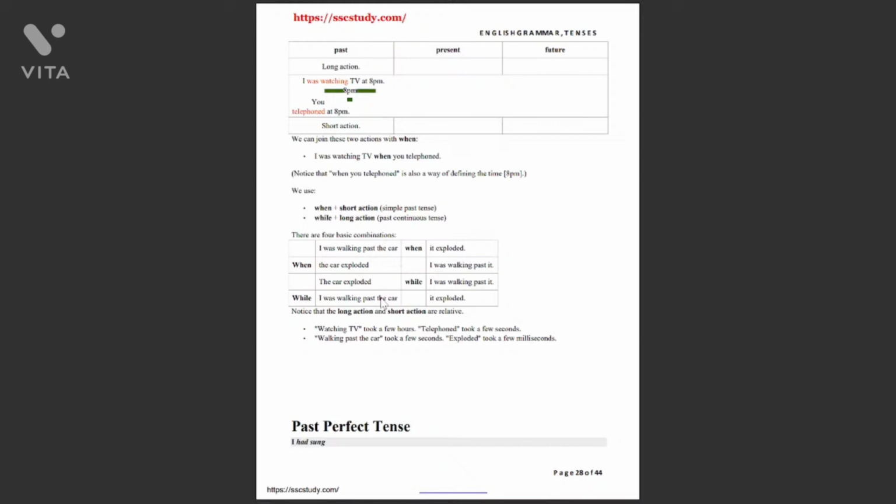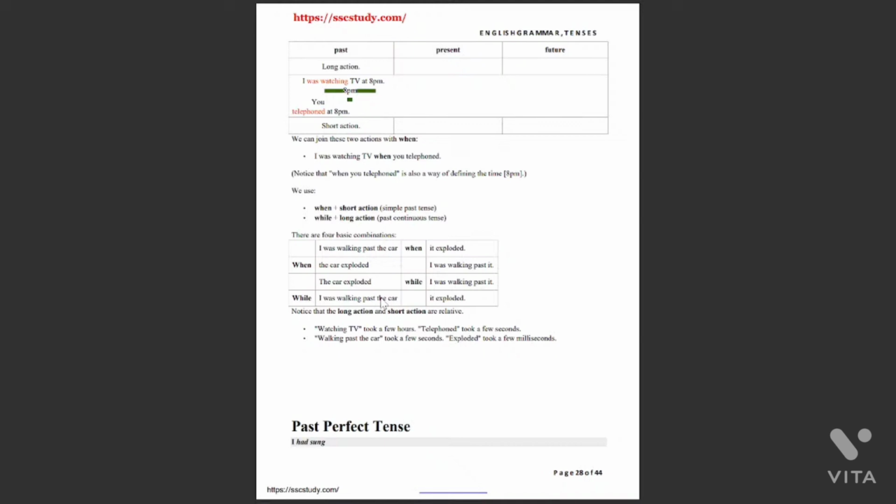I was walking past the car when it exploded. When the car exploded, I was walking past. While I was walking past the car, it exploded. See how it varies.